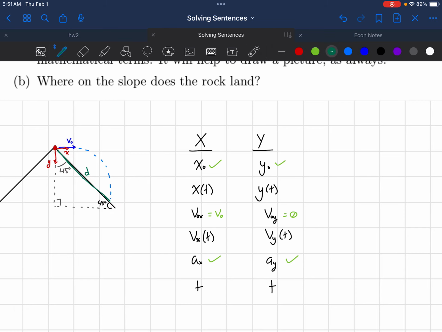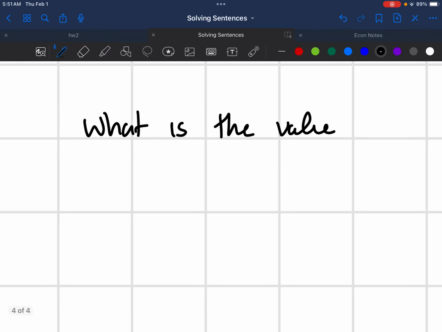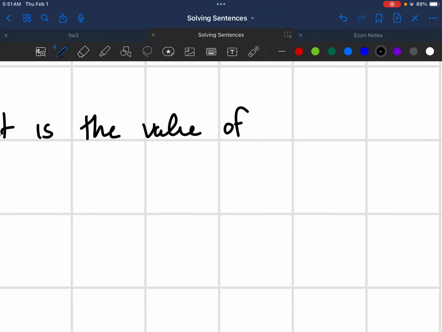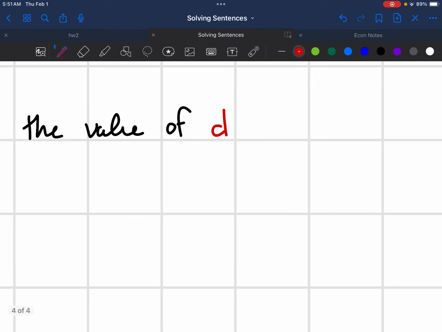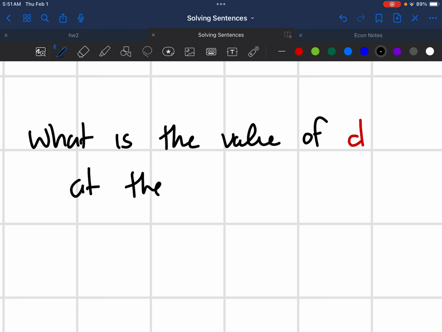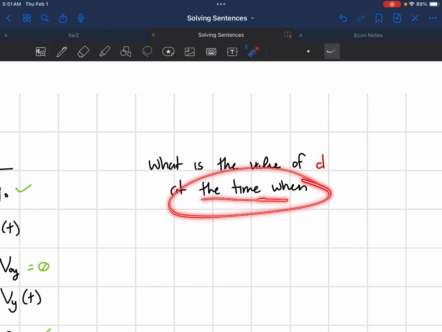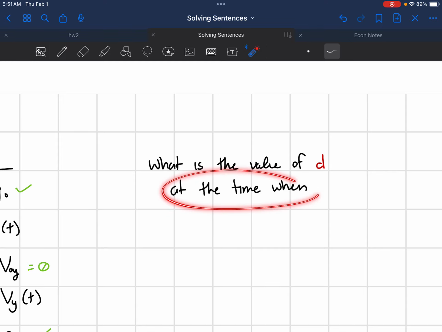So when we're asked where on the slope does it land, I'm solving for the value of d at the time when, now it's saying, how do I know that the rock has landed?